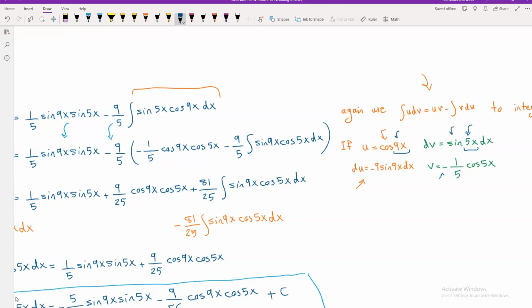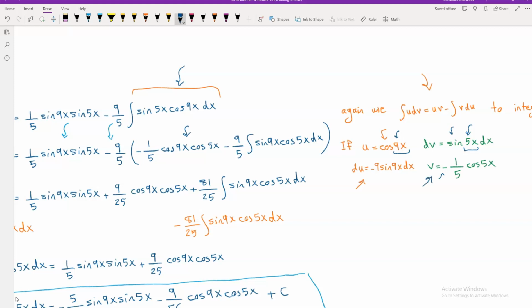So instead of this part, now we have u times v. So it is cosine 9x times negative 1/5 cosine 5x, which is what I have here. Then minus the integral of v times du.